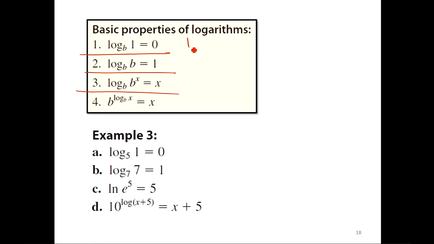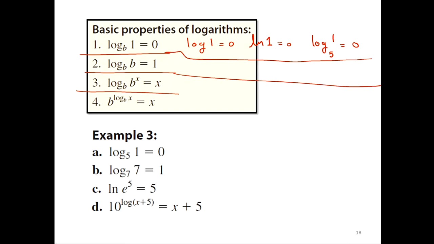So log 1 equals 0. ln 1 equals 0. Logarithm 1 to base, for example, 5 equals 0. So logarithm 1 to any base, base 10, base e, any base, equals 0. Okay.